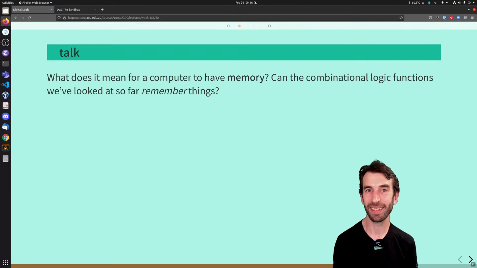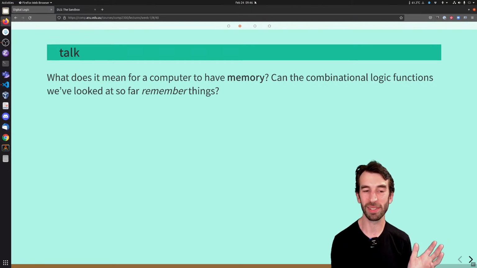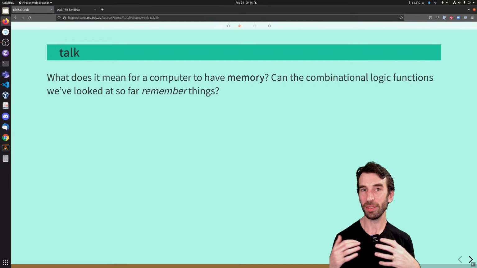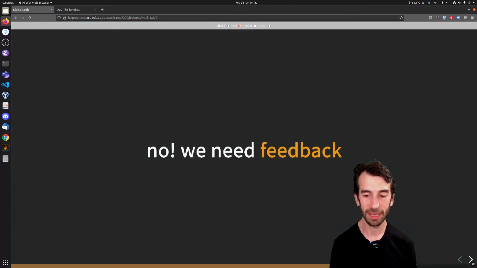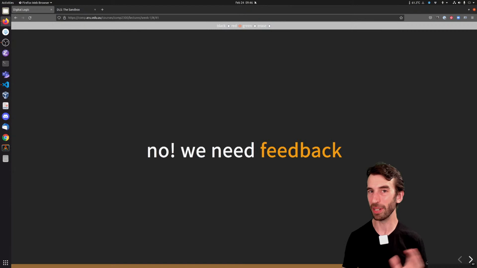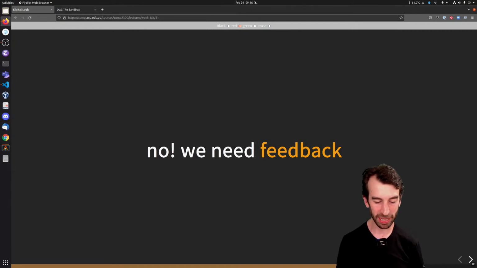It has no sense of state. It can't remember anything. If you do something in one step and then do another operation, there's no communication between those steps. So we do need some kind of feedback in our circuit to communicate between steps. And that's what we're going to get to now.